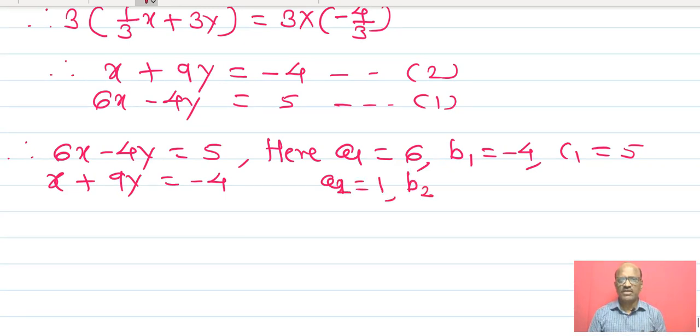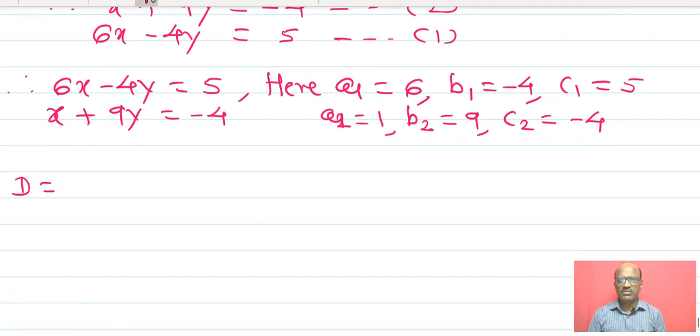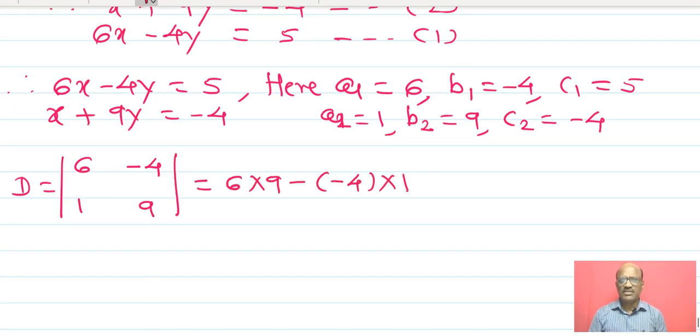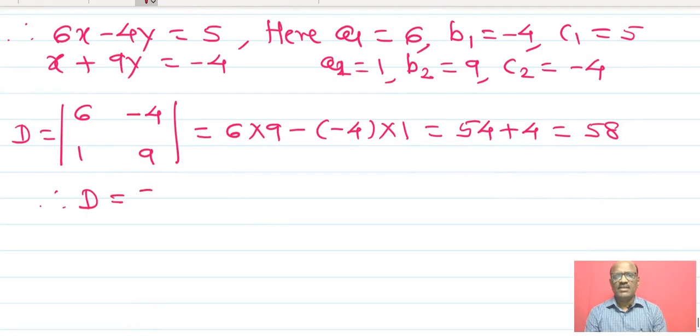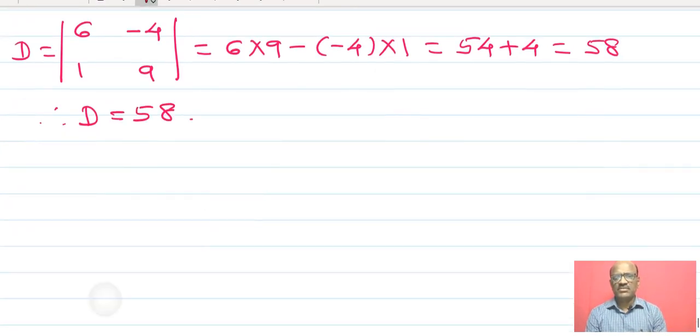Therefore, a2 is 1, b2 is 9, c2 is minus 4. Therefore, D is the determinant of 6, minus 4, 1, 9. That is 6 into 9 minus, in bracket, minus 4 into 1. That is 54 plus 4, that is 58. D is equal to 58.